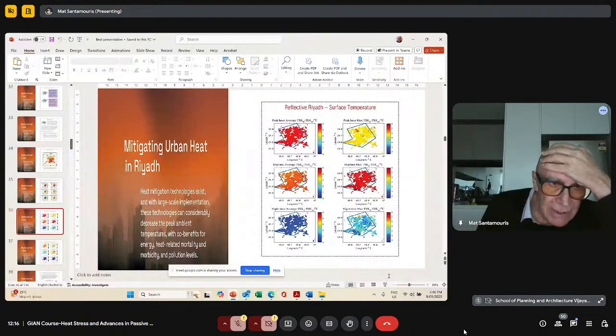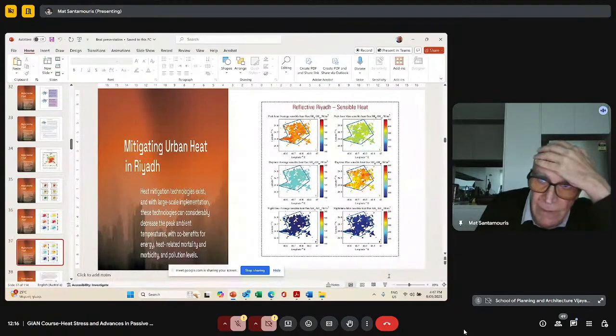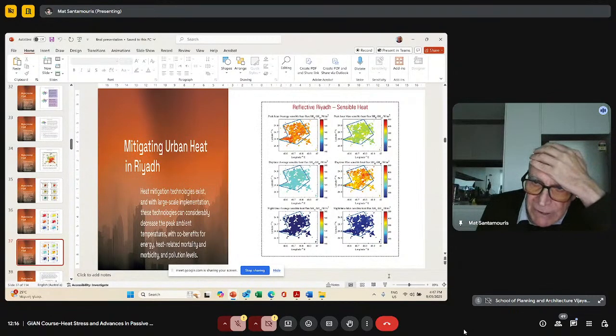This is very important because 8 degrees is a very high reduction of surface temperature, which helps to decrease the surface heat. And you can see, for example, the distribution of the sensible heat.